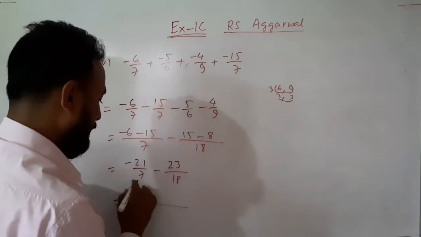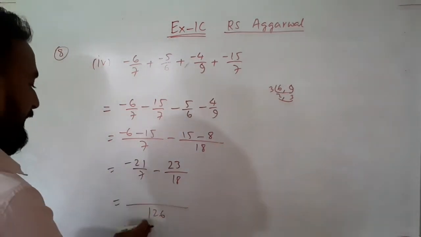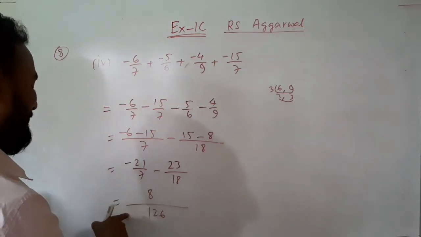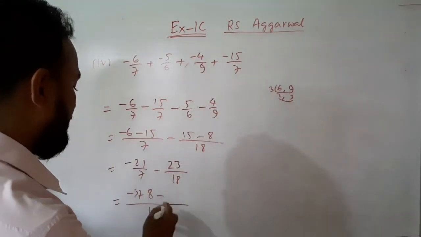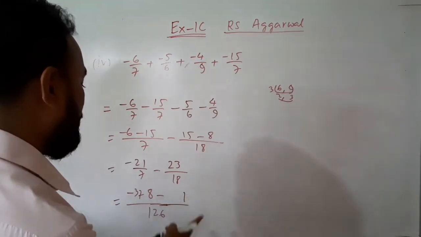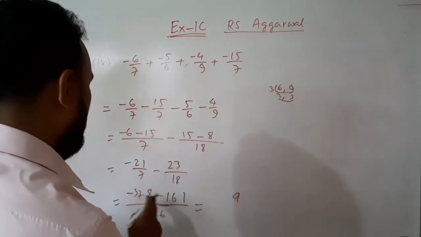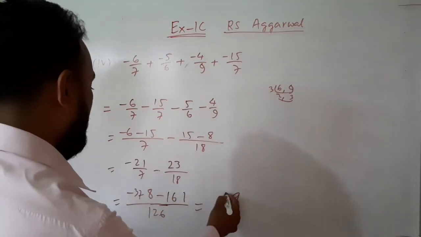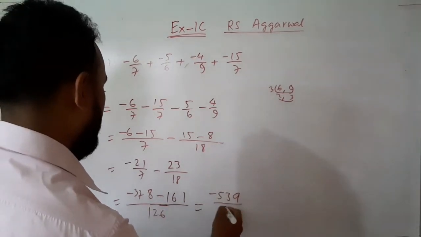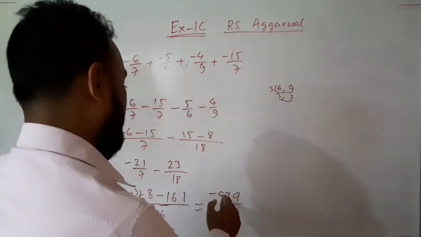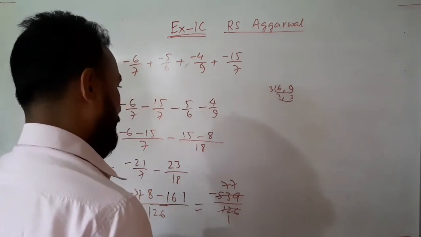Here 18 times 7 is 126. Then 7 times 3 is 21, and 7 times 2 is 14, adding to 16. Then 6 and 7, 13. 5 by 7, 7 times 7 is 49, plus 7 makes 56.